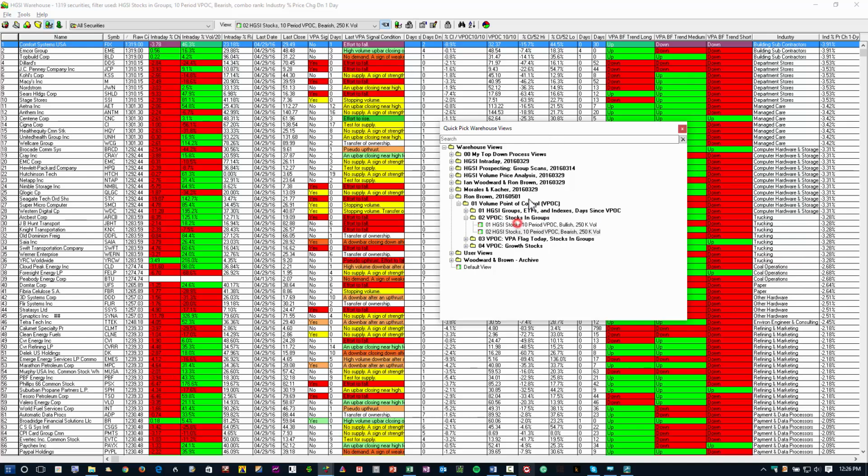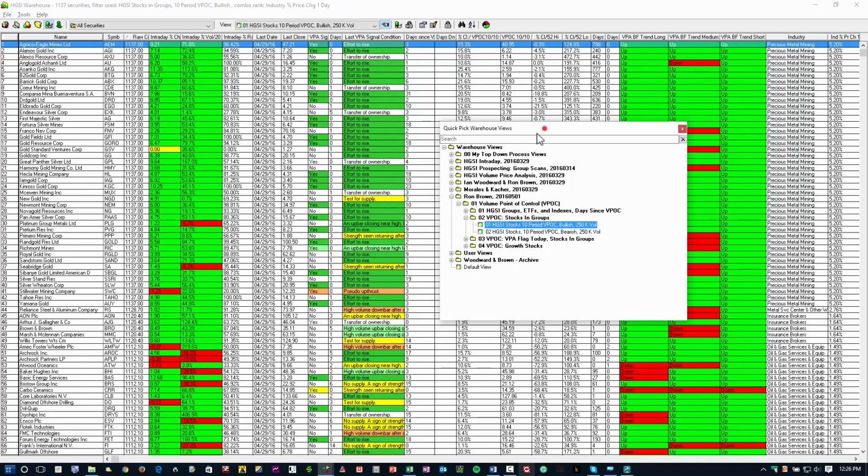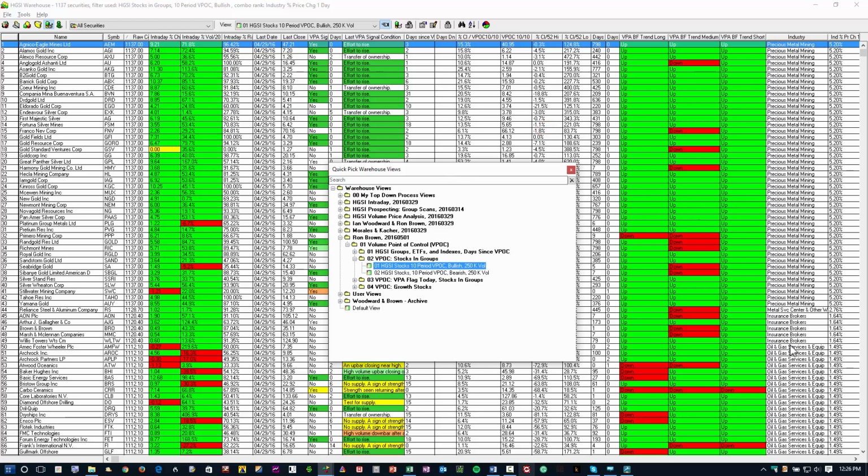Now, the problem with doing it this way, well, I like to do it this way because I can see what the groups are doing.